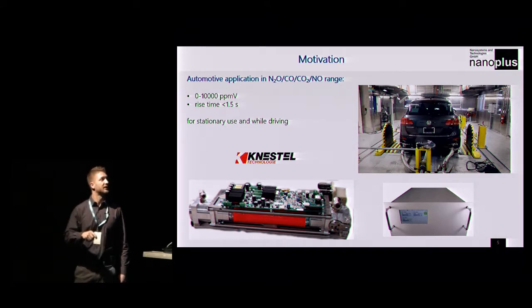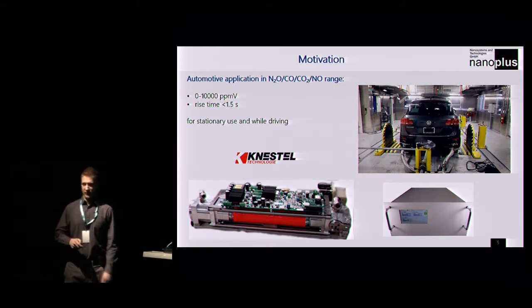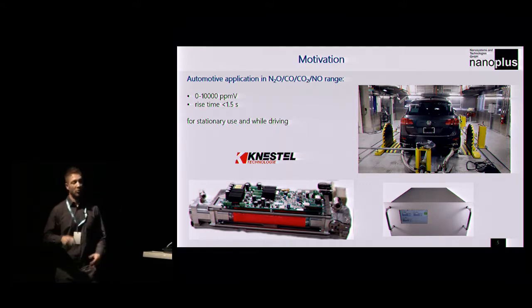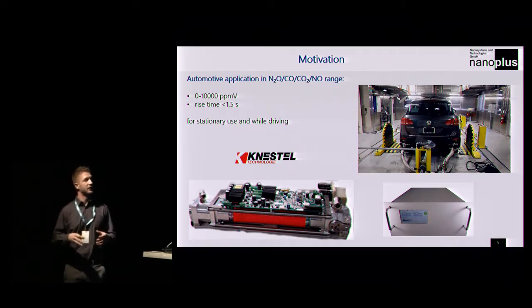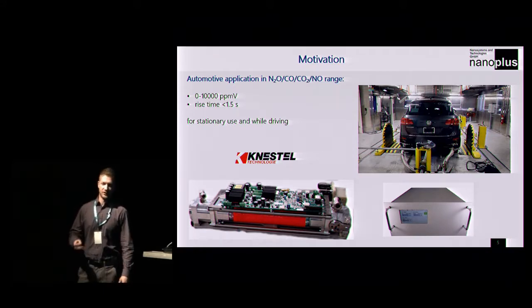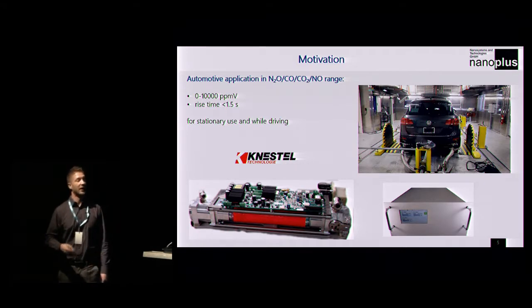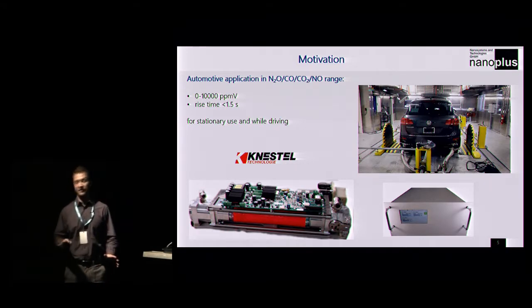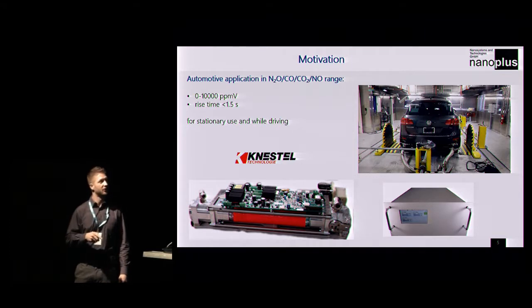So it should have a rise time of 1.5 seconds. And another really important thing was that the system should be quite compact because you want to use it in a test stand for stationary use and you want to use it in a car or behind the car while it is driving, just in case this gives you some differences in the exhaust.